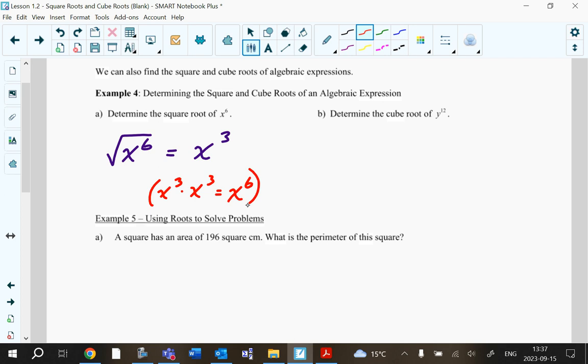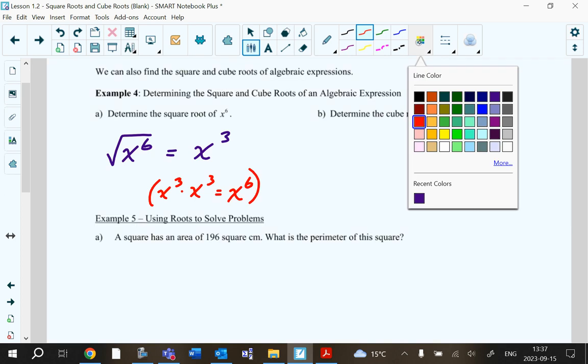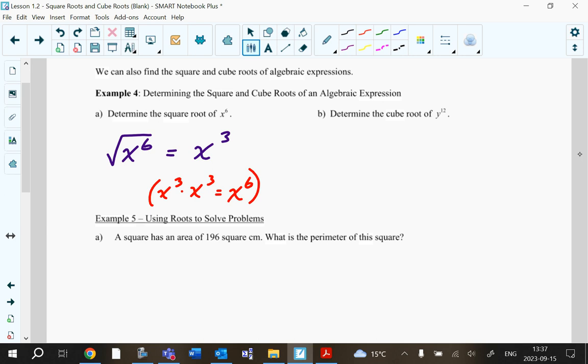Using that same reasoning, what would be the cube root of y to the 12th? Y to the 3rd or y to the 4th? Well, if we go y to the 4th times y to the 4th times y to the 4th, that is y to the 12th.